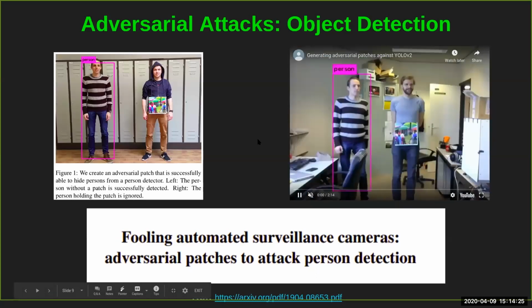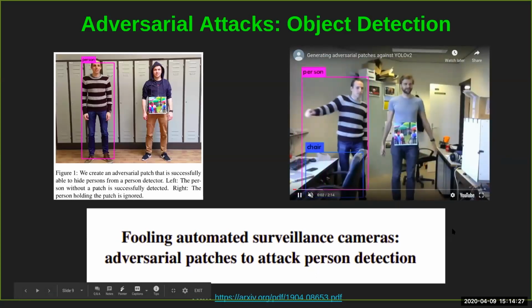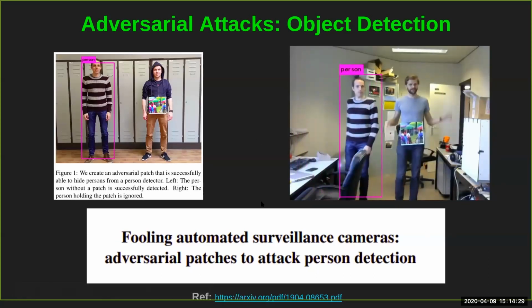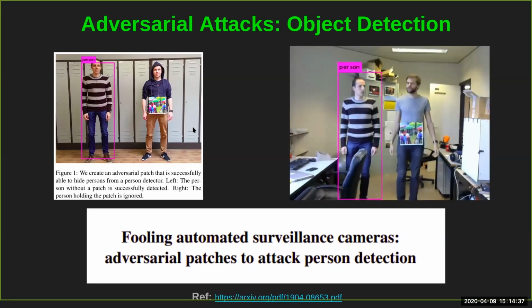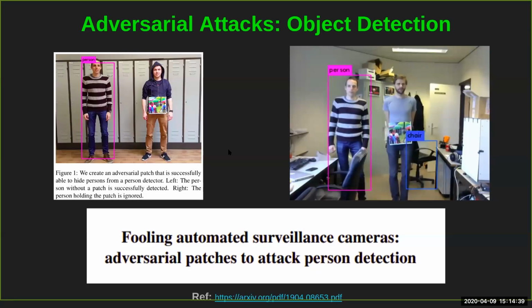Here we have an object detection algorithm. You can see that this person is holding a patch, which is generally called an adversarial patch. The person holding this patch is not being detected by the object detection algorithm.